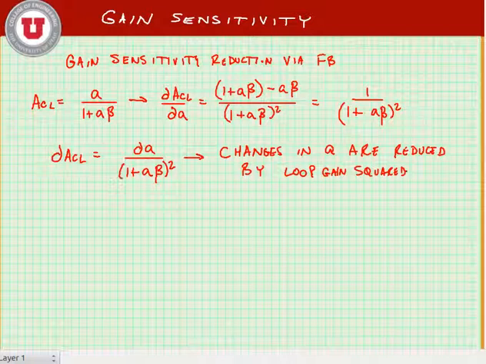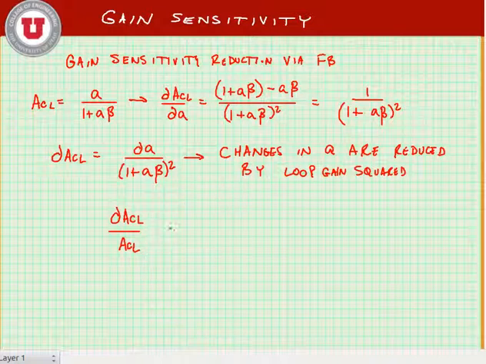Alright, we can also do this as a fractional change. So we could look at dACL divided by ACL. So what we're looking at is the fractional increment in the change in closed loop gain as we change the open loop gain.